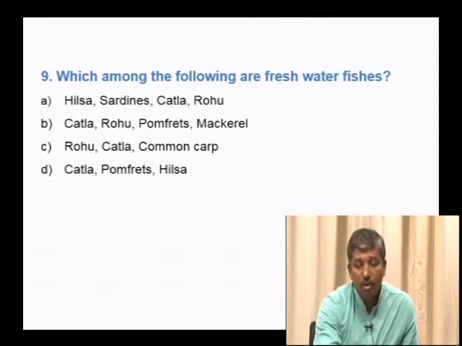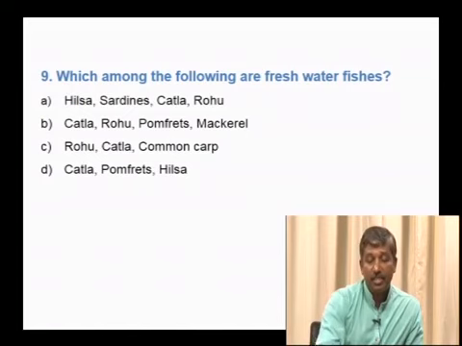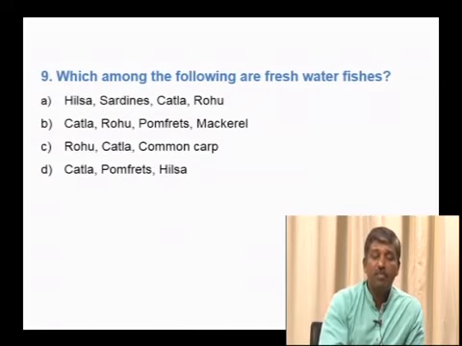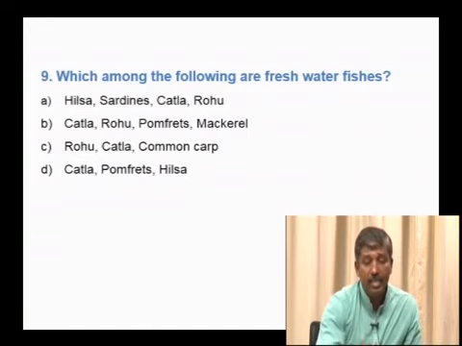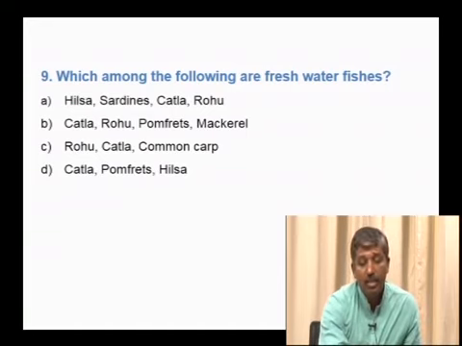Which among the following are freshwater fishes? In fishes, the edible fishes come from either marine or freshwater habitats. The options are: hilsa, sardine; catla, rohu; pomfret, mackerel; rohu, catla, common carp.